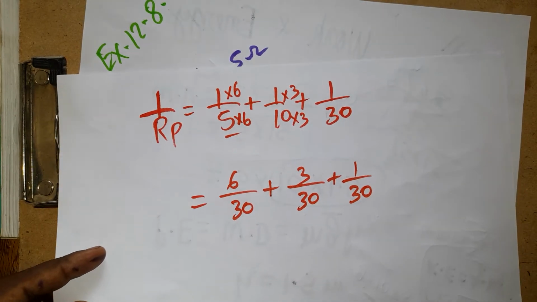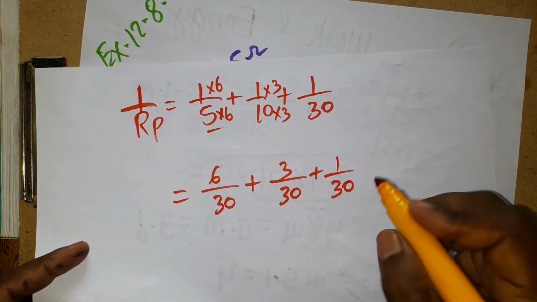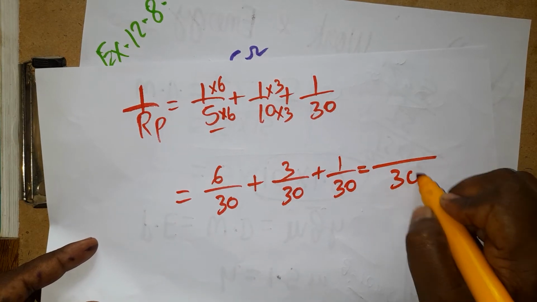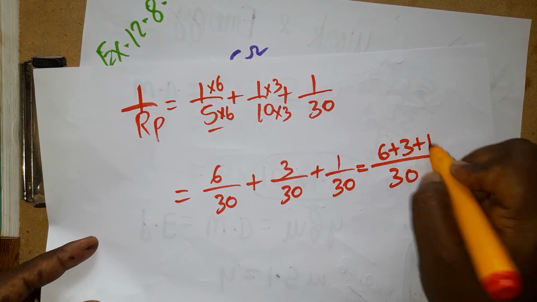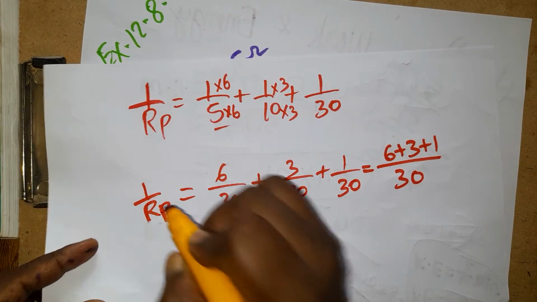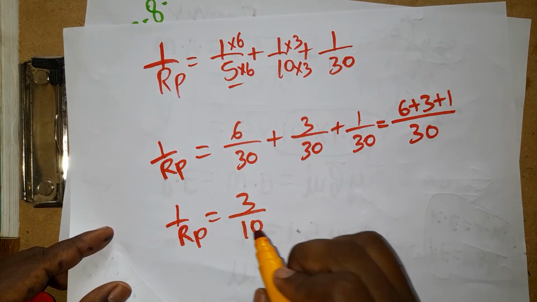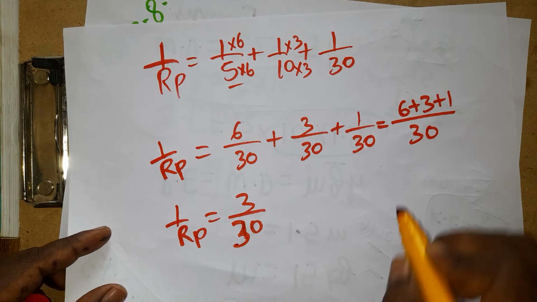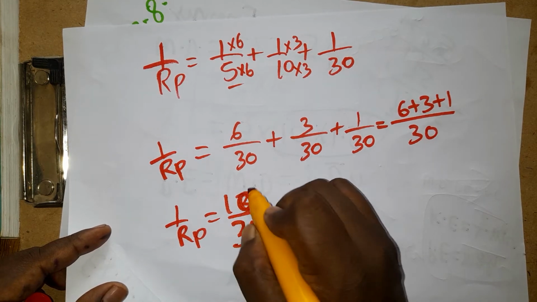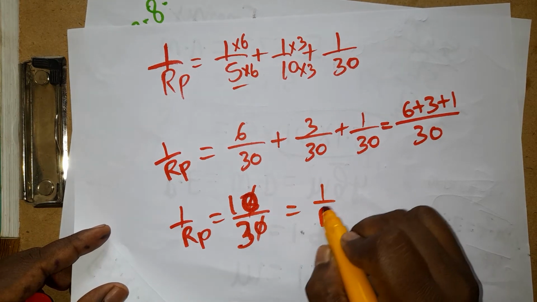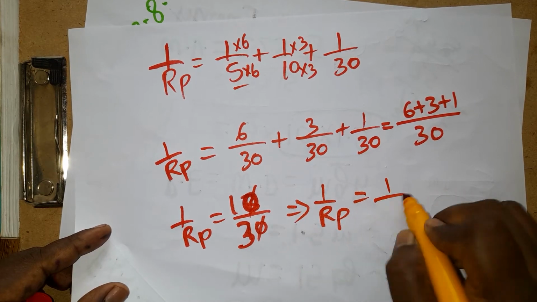Why, sir, are you doing like this? Because I am making the LCM common, 30. 6 plus 3 plus 1 is 10, so 1 by Rp is equal to 10 by 30. Zero gets cancelled. 1 by Rp is equal to 1 by 3.